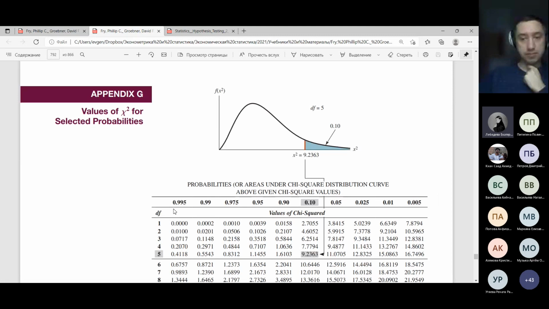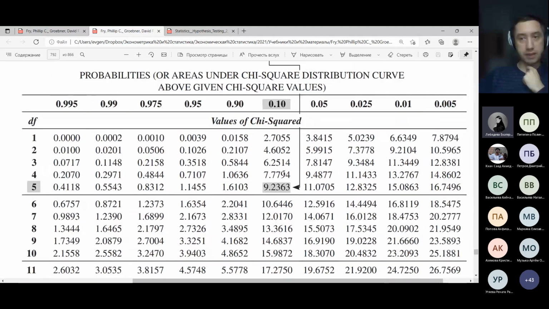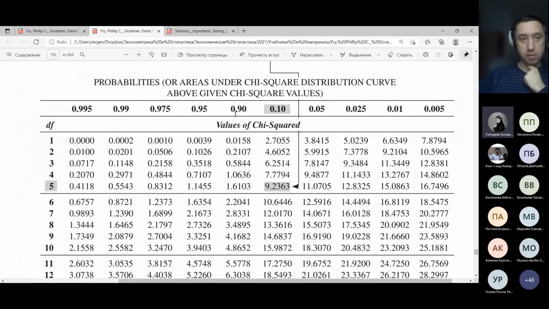Here we have different alphas: 0.005, 0.01, and so on.